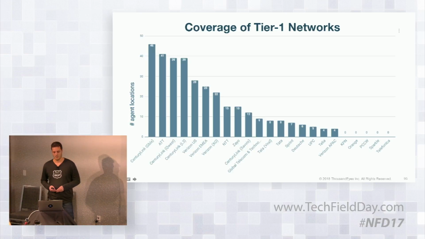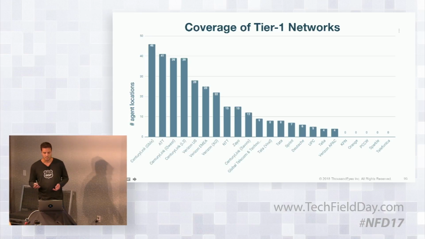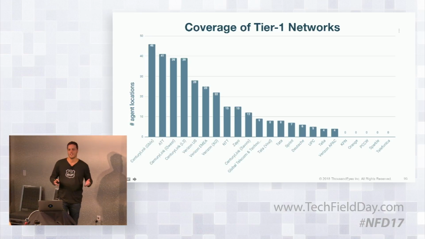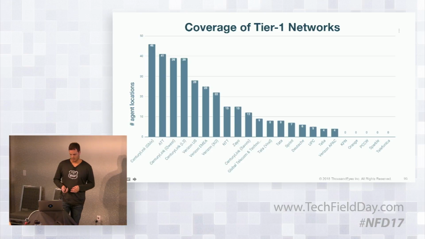Those are mostly tier ones that are European-based: KPN Netherlands, Orange France, Sparkle, which is Telecom Italia, Telefonica Spain. So we have a coverage gap in Europe, basically. But for the most part, in North America and some parts of Asia, in terms of tier one coverage, I think it's pretty good.